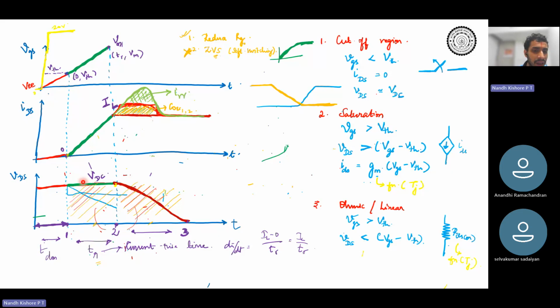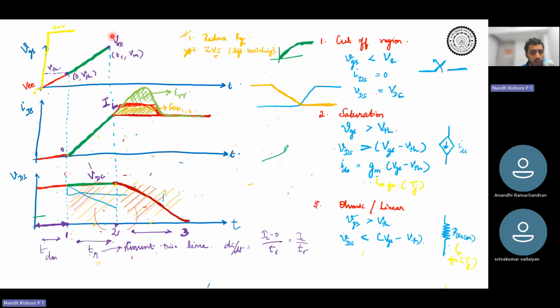So finally, what happened at instant 2? At instant 2, your drain source current reached the load current. VGS was increasing all along. At the particular instant when the device starts carrying the entire full load current, that particular gate voltage is called V Miller. Okay, this particular gate voltage is known as V Miller.